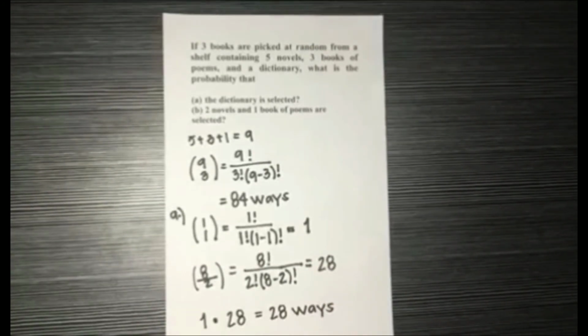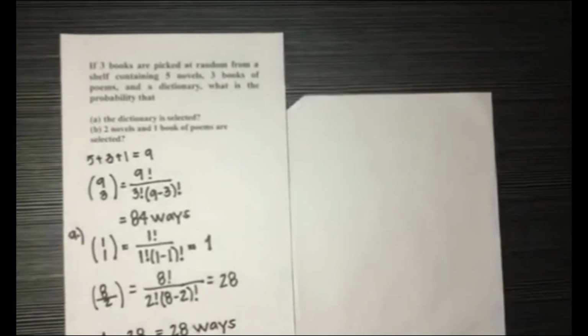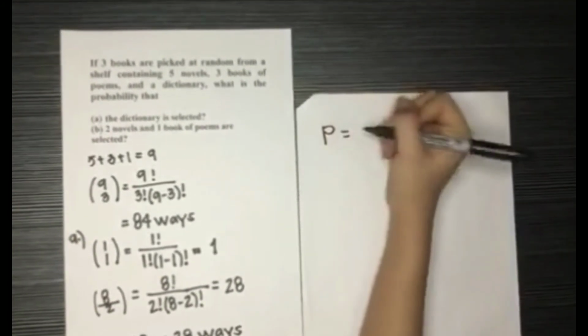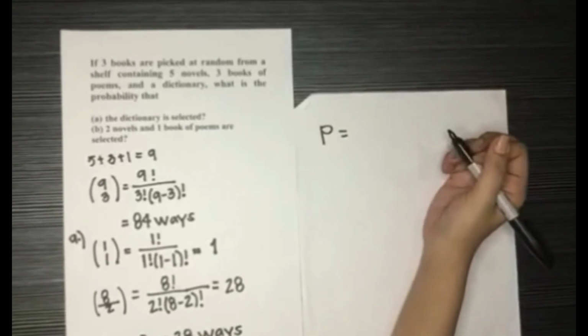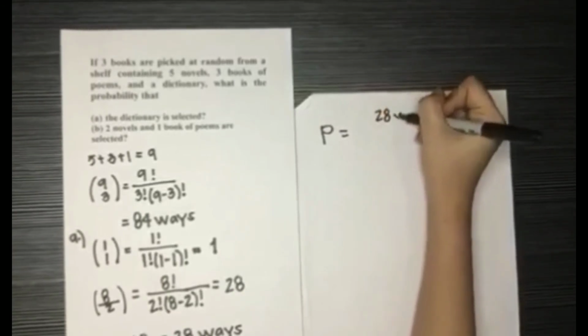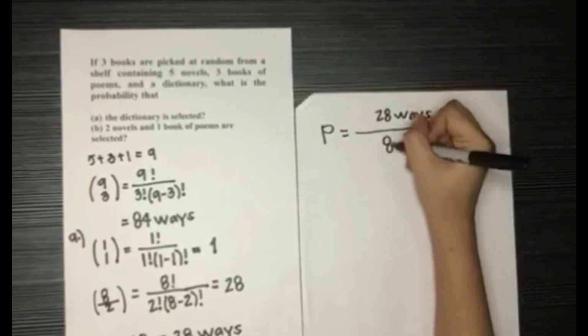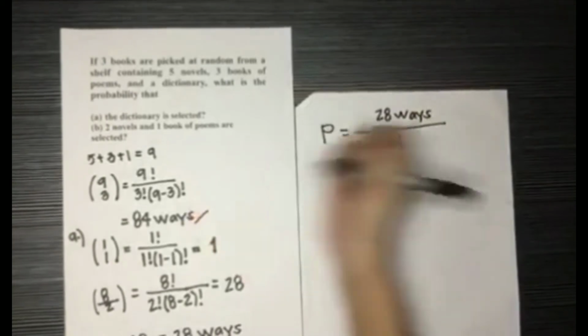So the probability of 1 dictionary among the 3 selected books is P equal to the number of ways to choose 3 books among which there will be 1 dictionary and 2 non-dictionaries, which is 28 ways, over the number of ways to choose 3 out of 9 books, which is 84 ways.